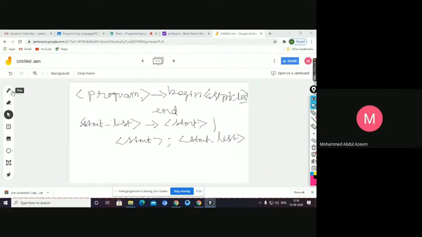Okay, now let me define this statement. How do I define statement? Statement is defined to be a variable equal to expression, where this variable is defined to be an identifier.